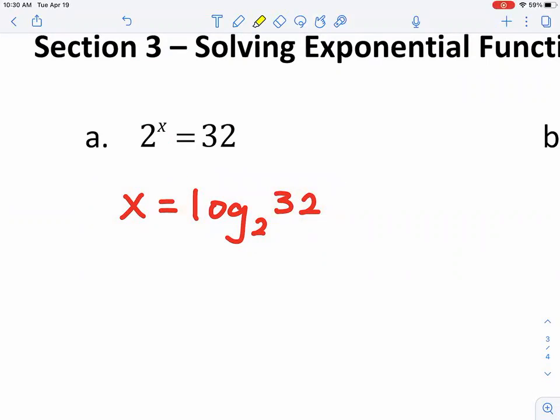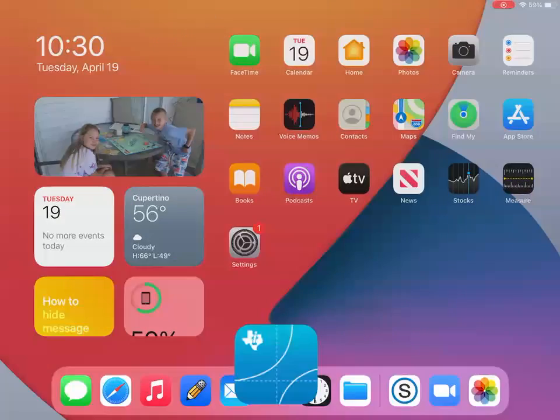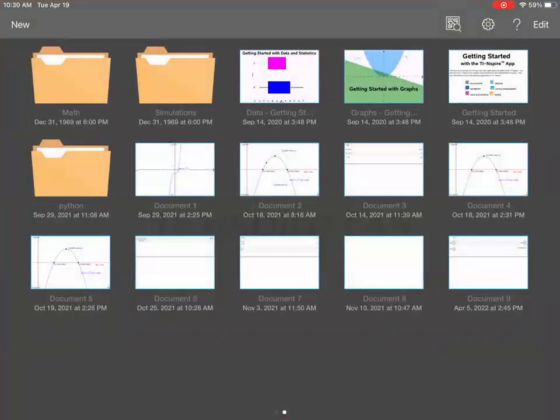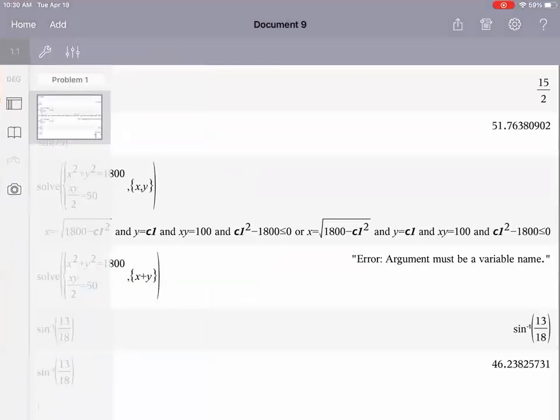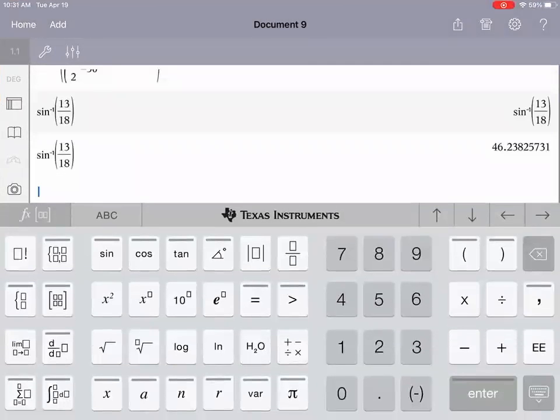Now, this we can plug into our calculator. So let's go to our calculators here. Where's my calculator? There it is. And notice on your calculator that there is a log button kind of towards the middle of our keyboard here.